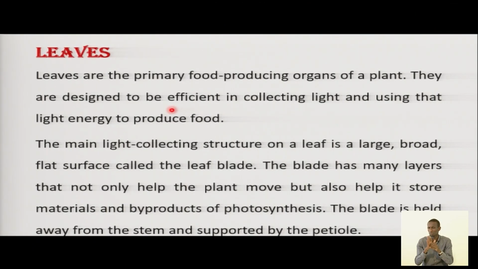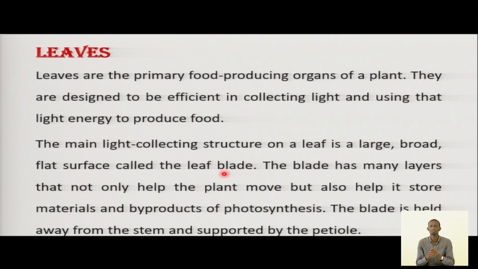They are adapted for collecting light, which can be used as the source of energy to produce food. These leaves have a large, broad, and flat surface called the leaf blade.